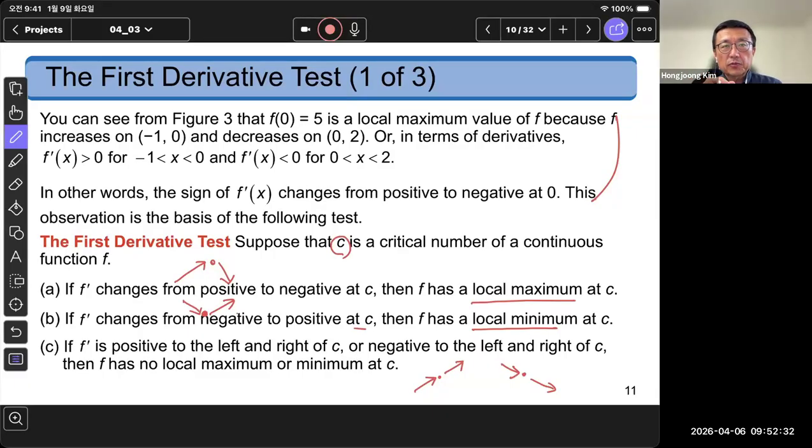If f prime changes from negative to positive at a certain point, then f has a local minimum at the point.